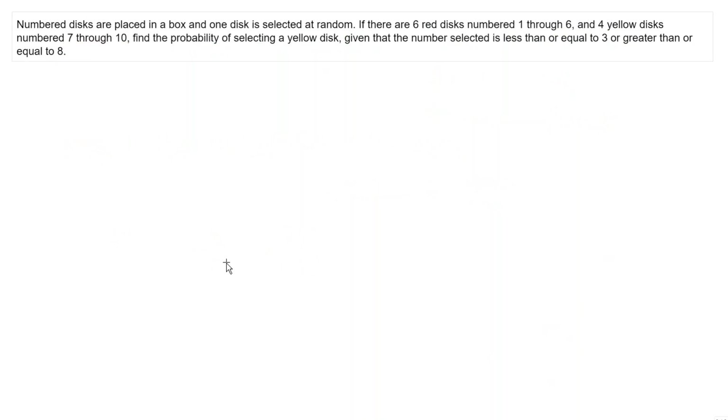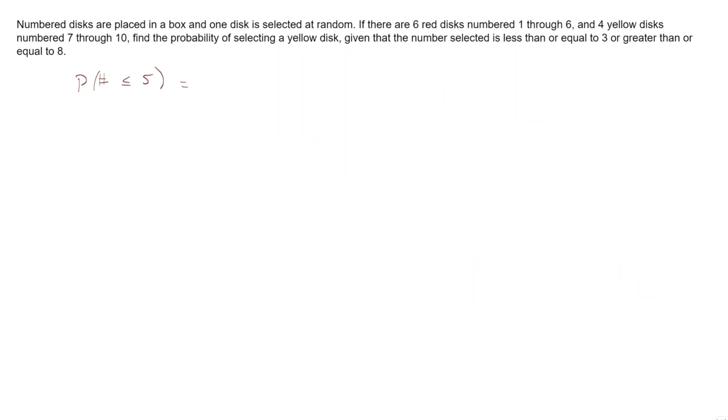Let's go ahead and look at some variations of this same question here. Okay. So how about we find the probability of selecting a number that is less than or equal to 5.